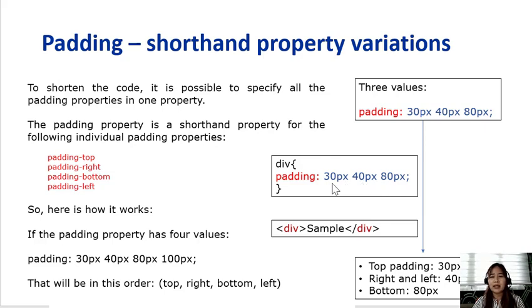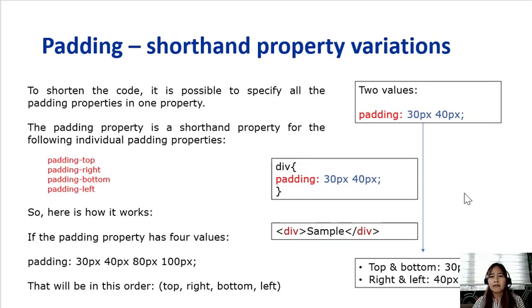That means that the top padding, which is the first value that is indicated here, is going to be 30. The right and the left padding will be 40, the value in the middle. And the 80 here will now refer to the padding at the bottom of your box. So that's the difference if only 3 values are indicated in your padding attribute.